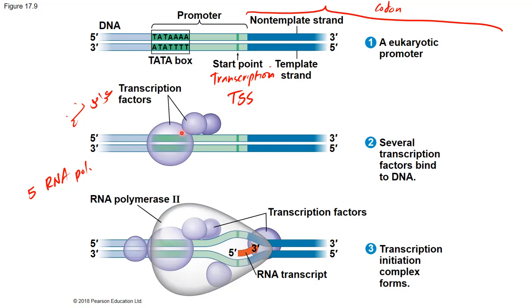We have other proteins important for transcription initiation, along with the RNA polymerase. Once the RNA polymerase binds, it will unwind the DNA. It will separate the DNA at the transcription start site, so that one of the DNA strands will be used as a template for the synthesis of the mRNA molecule.